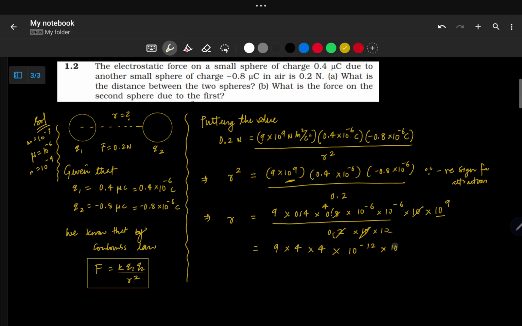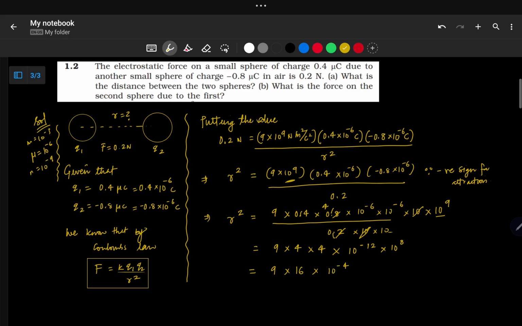So it is 10 to the power 8, sorry, and this 10 to the power 8 and 10 to the power minus 12 is going to be 10 to the power minus 4, right? After that we haven't taken the root till now, so let's take the square on this side. And now 9 into 4, 4 into 4 is going to be 16, and this 10 to the power minus 4.